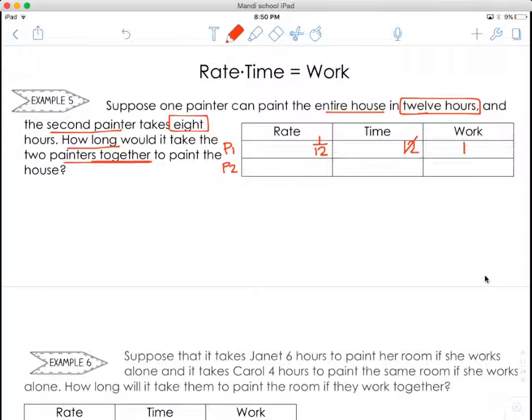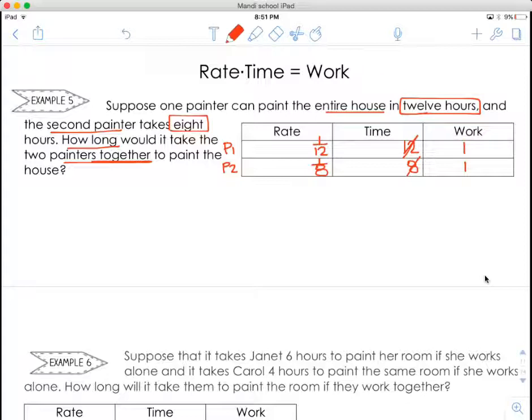So now I'm not going to use this 12 anymore. So let's move on to the second painter. The second painter takes 8 hours to paint one house. So his rate is one house in 8 hours. And I'm not going to use this anymore either.